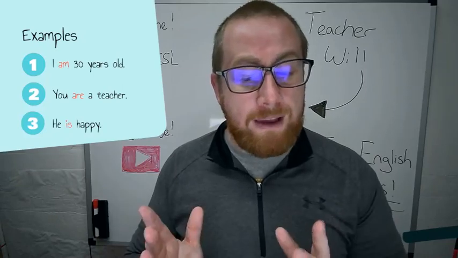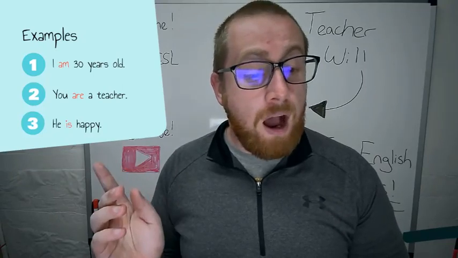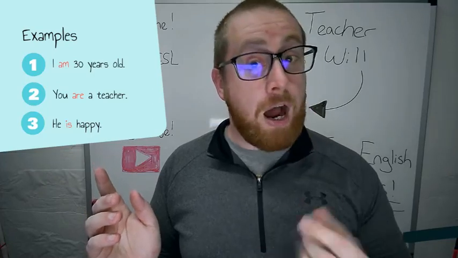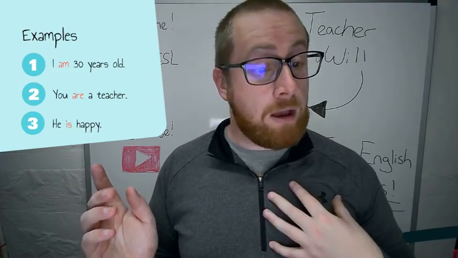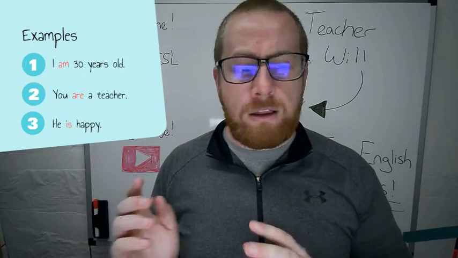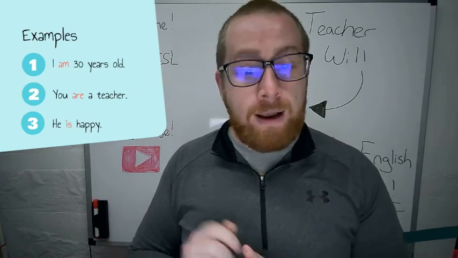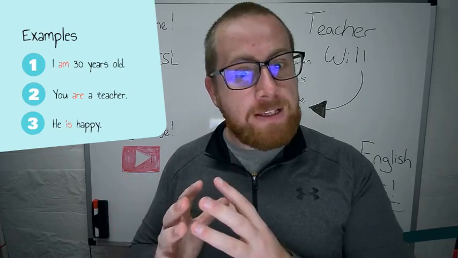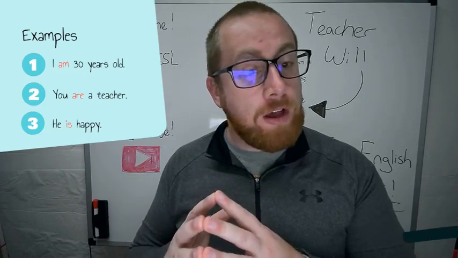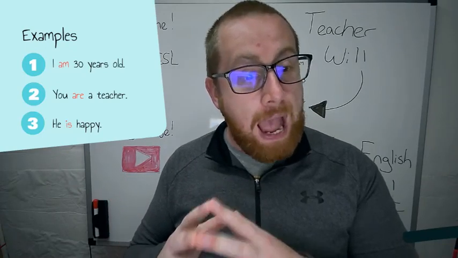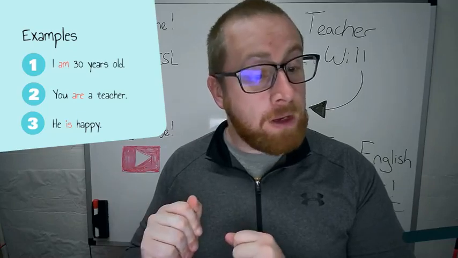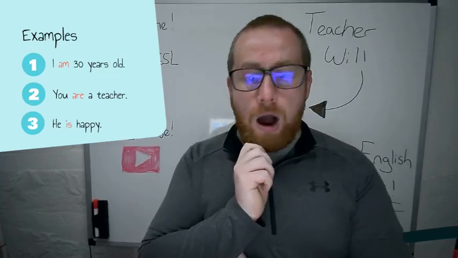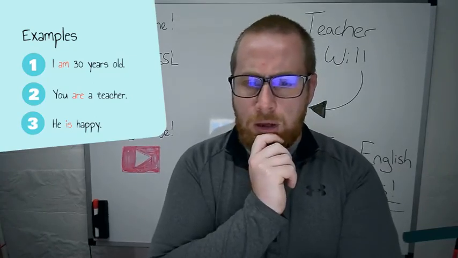We can see here that I, that's the pronoun, I'm the subject, I am 30 years old. Now in red we can see am. This is a form of the verb to be. I am 30 years old. You are a teacher.